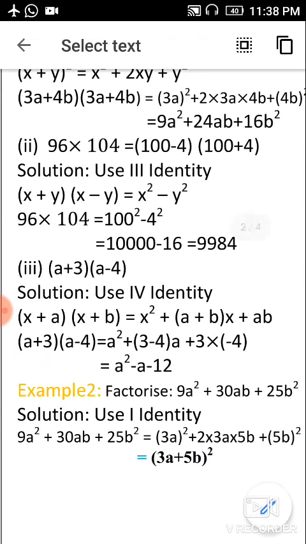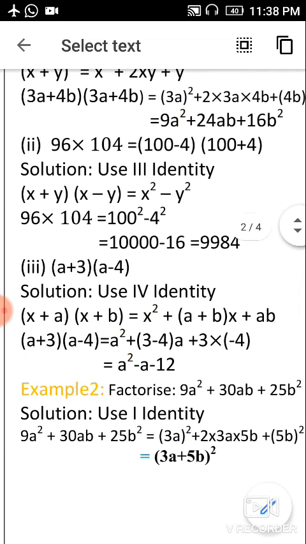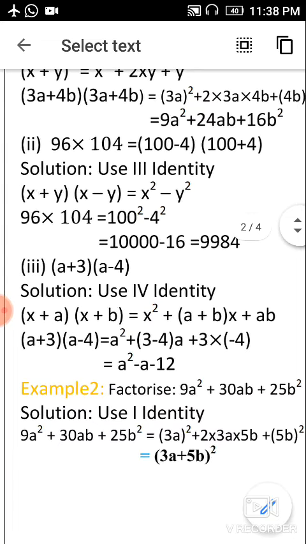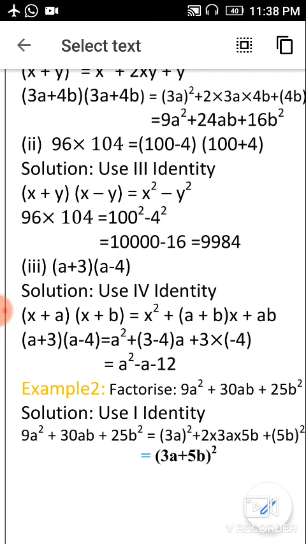Now the second part, 96 multiplied by 104. This you have to multiply by using the identity, not by direct multiplication. So 96 we can write as 100 minus 4, and 104 we can write as 100 plus 4. Now (100 − 4) into (100 + 4).